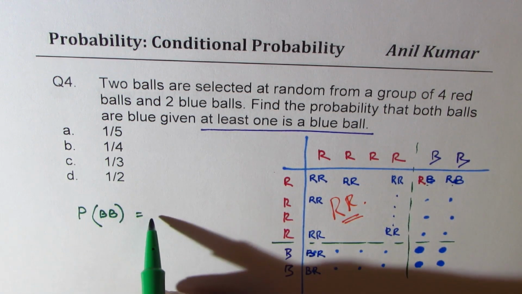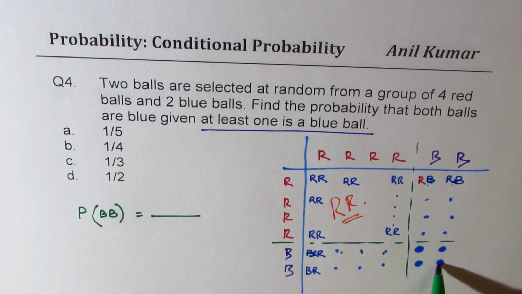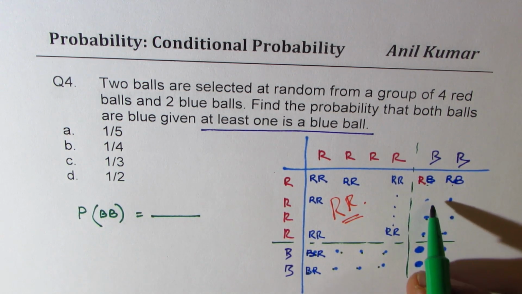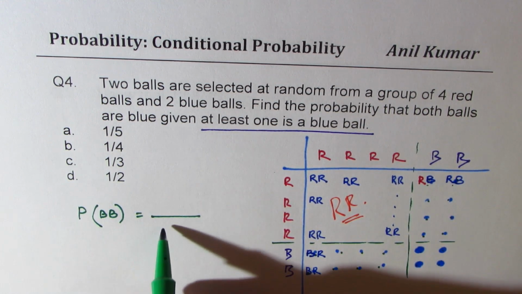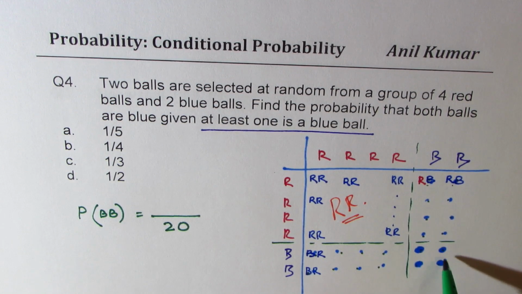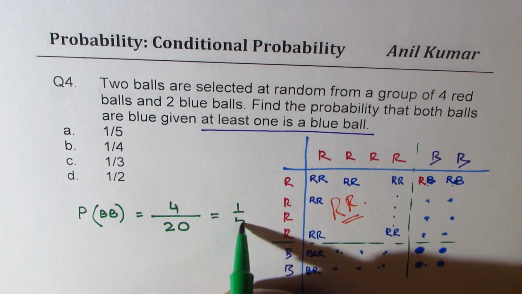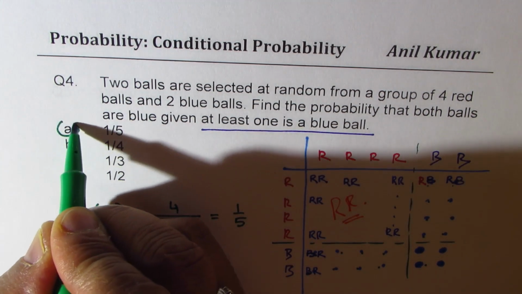That means in our sample space, we have 1, 2, 3, 4, 5, 6, 7, 8, 9, 10, 11, 12, 13, 14, 15, 16, 17, 18, 19, 20 options. Out of these 20 options, 4 are with both blues. Got it? So from here, we could say it is 1 over 5, and so the answer is A.